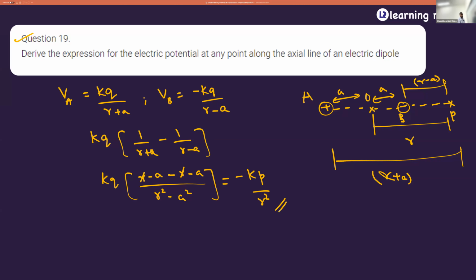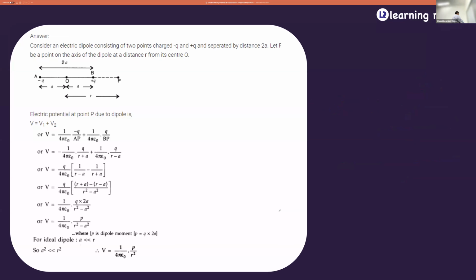So minus Kp divided by R square will be the answer if this is how the diagram is taken. Right? So they have taken the positive charge closer to the point and the negative charge away.